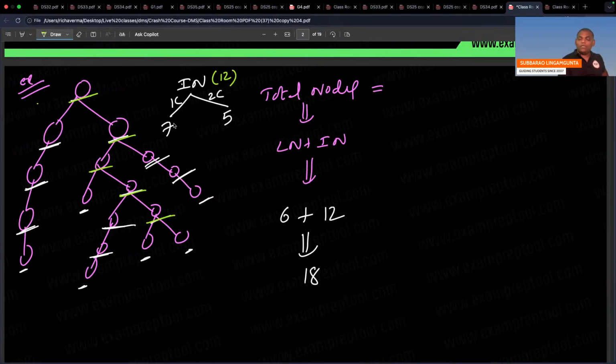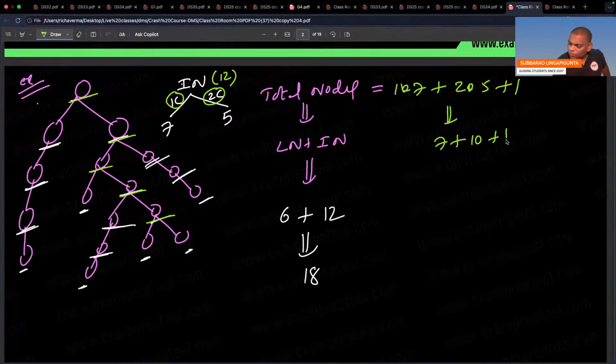Out of them, 7 contain one child and 5 contain two children. So now see the formula. 1 child 7 people plus 2 child 5 people plus 1. So this is going to be 7 plus 10 plus 1, which goes to 17 plus 1, which goes to 18.